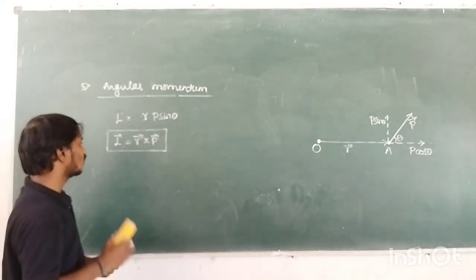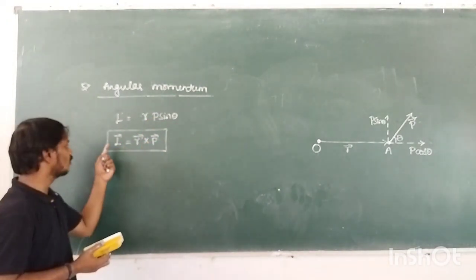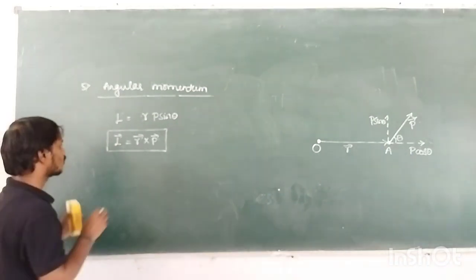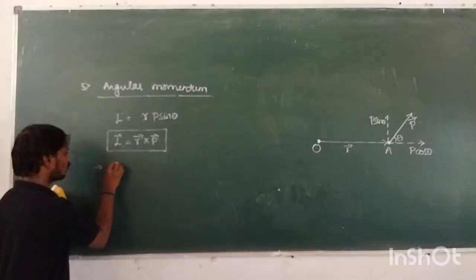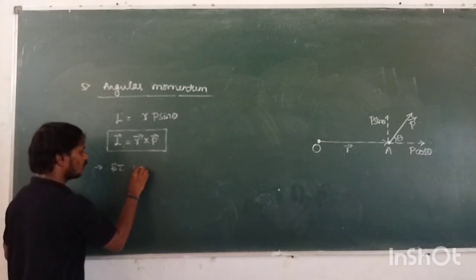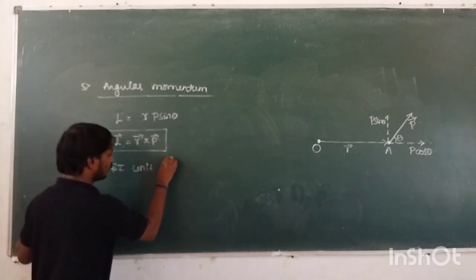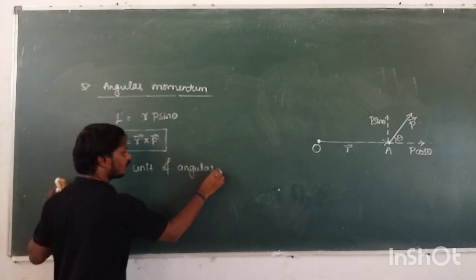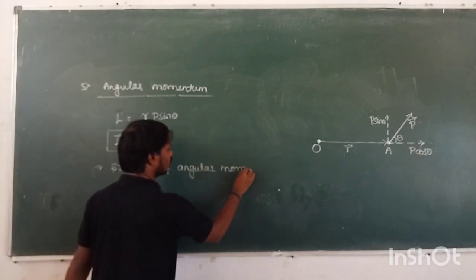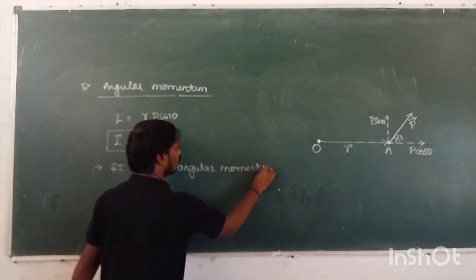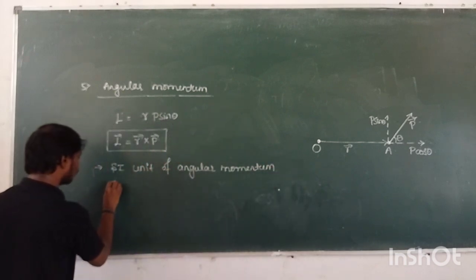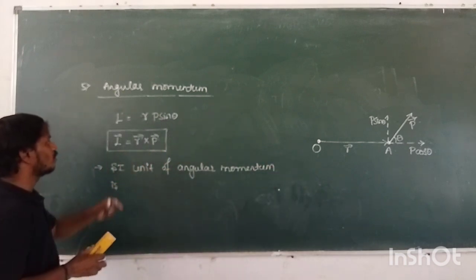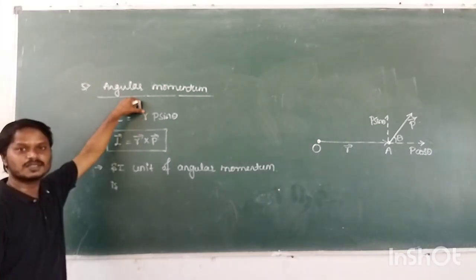Now, what is the SI unit of angular momentum? From this equation, what is the SI unit of position vector?